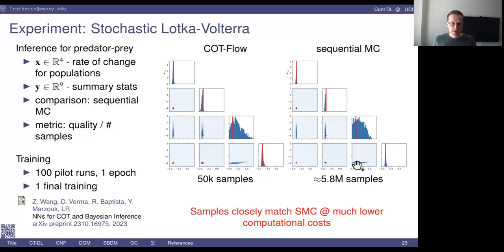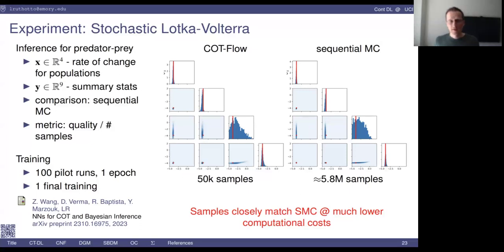So sequential Monte Carlo has a few knobs to turn. You need to get some noise level that goes to 0, some smoothing, and so on. And it takes about 6 million, let's say, SDE solves to get a large number of high-quality samples from this posterior. With a generative model, the computation works very differently.